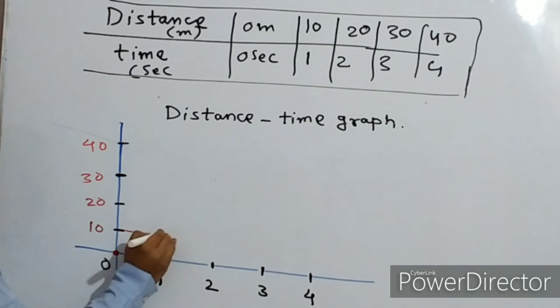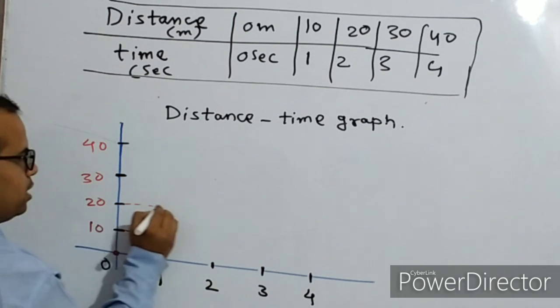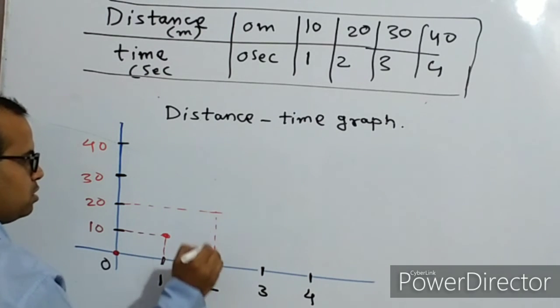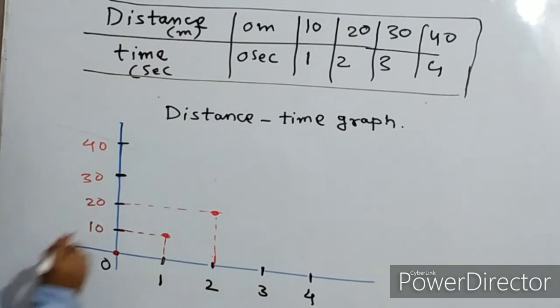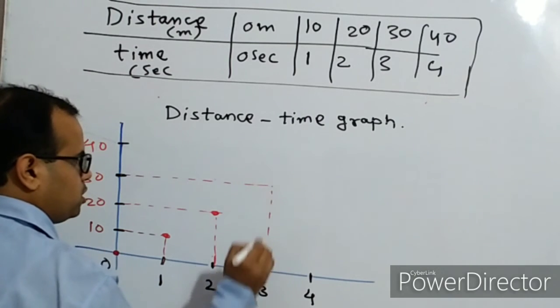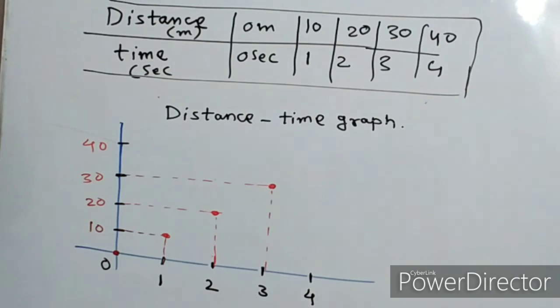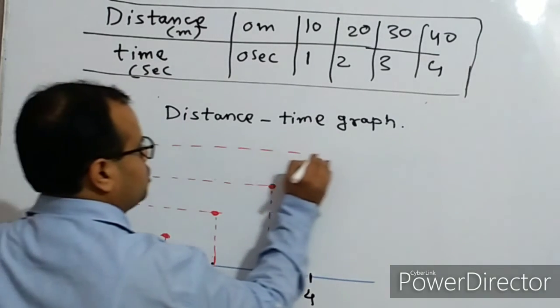So the next point is this. Next is 2 and 20, so it is like this, and that is the next point. Then this and this makes the next point. And at the last, 4 second it is 40, so this is the next point.